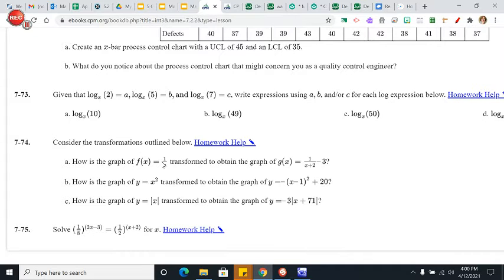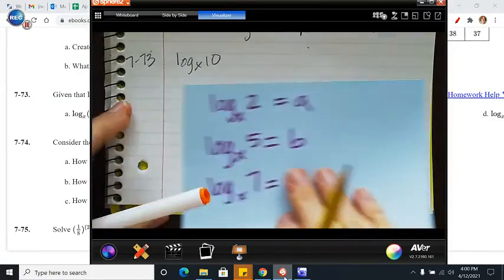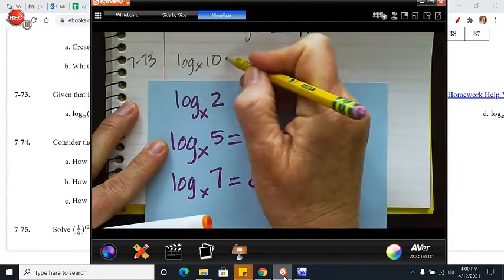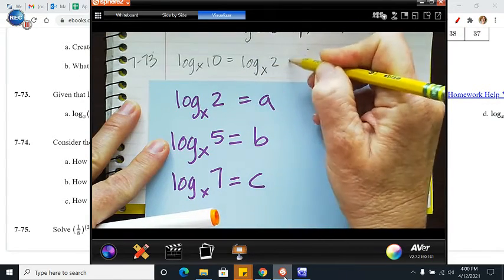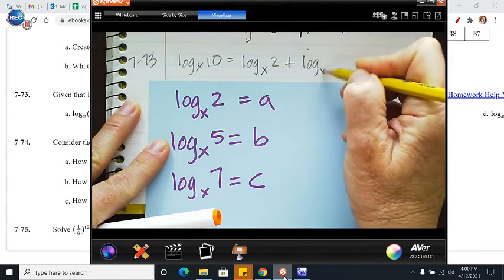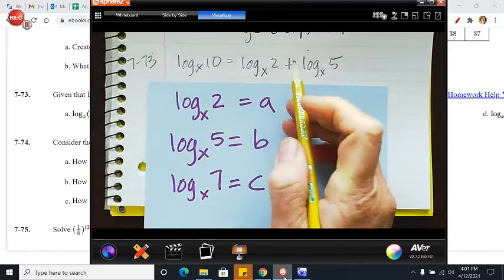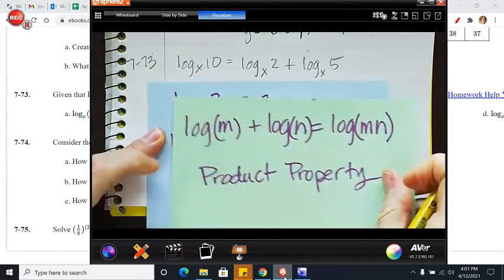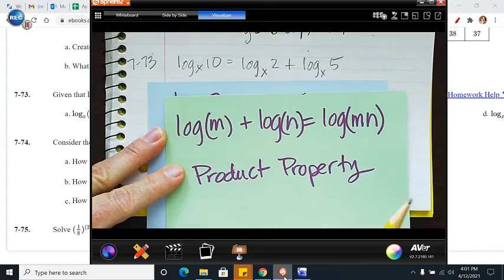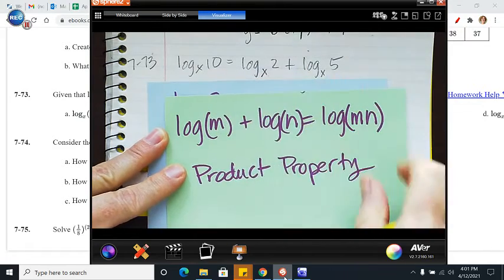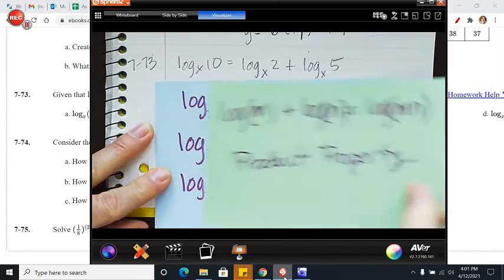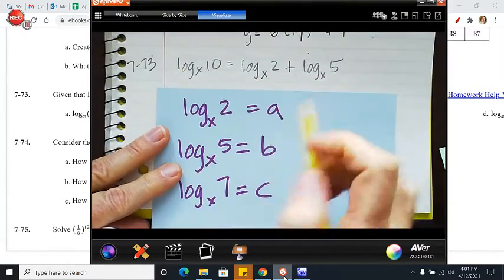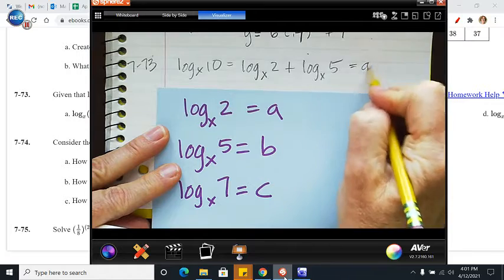We could take log base x of 10 and change that to log base x of 2 plus log base x of 5, because that's just the product property going in reverse. So you're taking the 10, changing it to the 2 and the 5. Okay, and then if you wrote it with a, b, and c, it would just be a plus b.